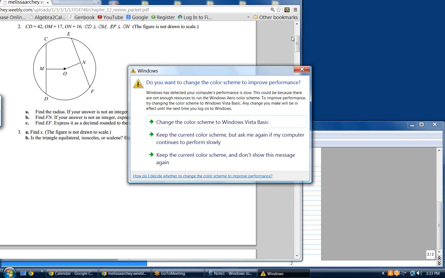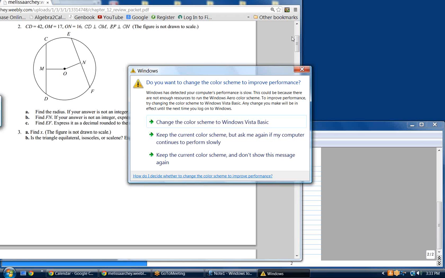What is it meaning when it's saying CD is perpendicular? Is that what that is to OM? Yeah, that's a vital part for the theorem. Trying to find it here. None of this is ever in the same order as what my book has it in.